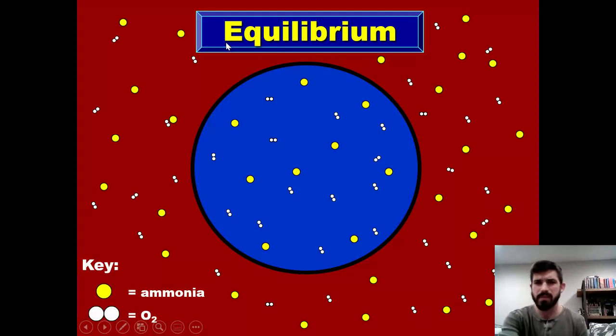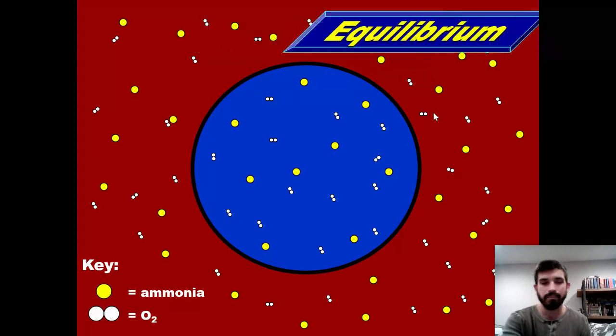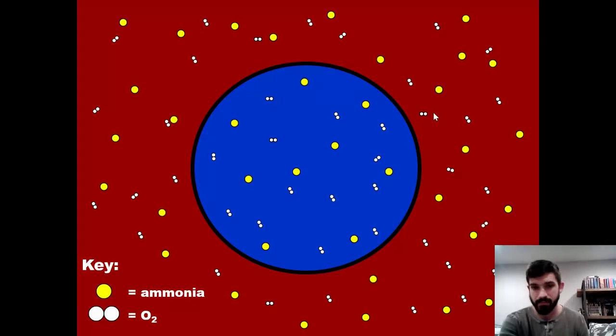All right, so what does it mean if something's at equilibrium? It means that the substances are equal on both sides of the membrane. Now, even at equilibrium, these things are still moving around. They're still going into and out of the cell, but at the same rate. So it's still at equilibrium because there's an equal amount of particles moving in and out of the cell, like this.